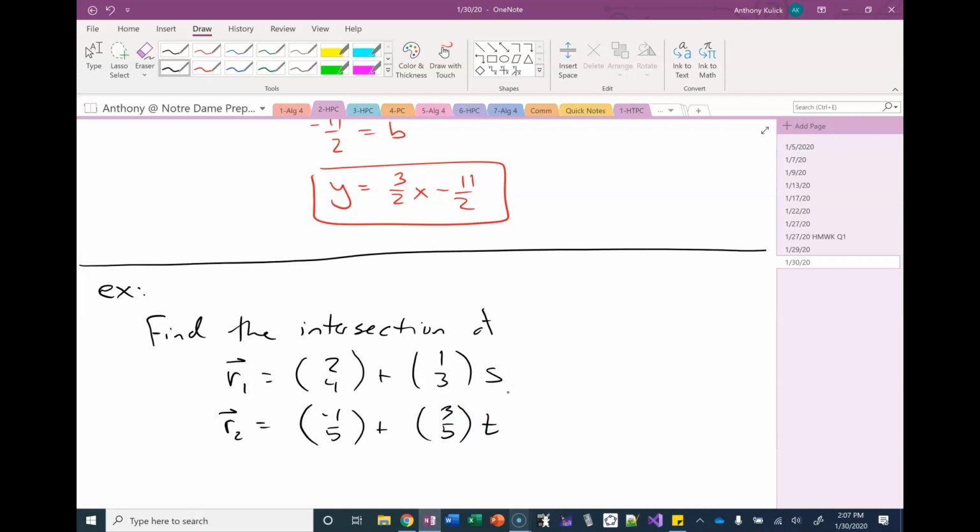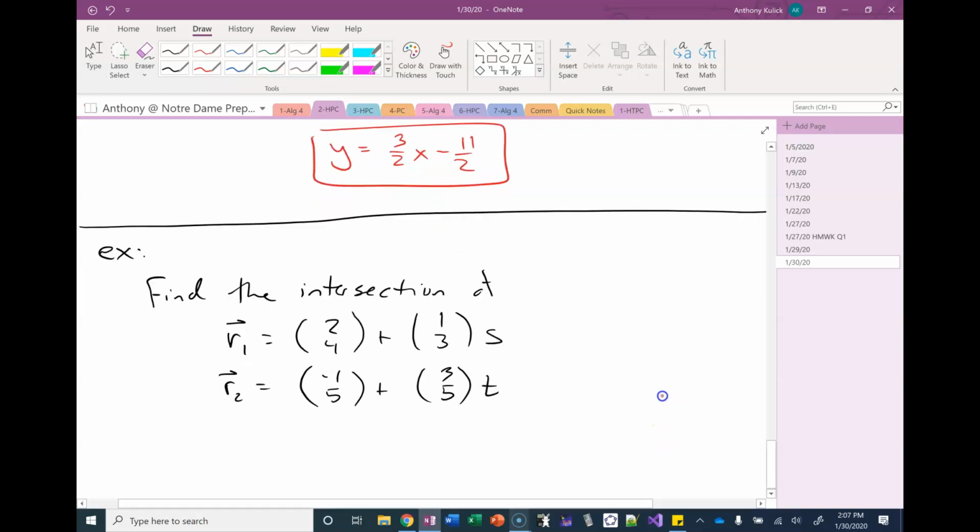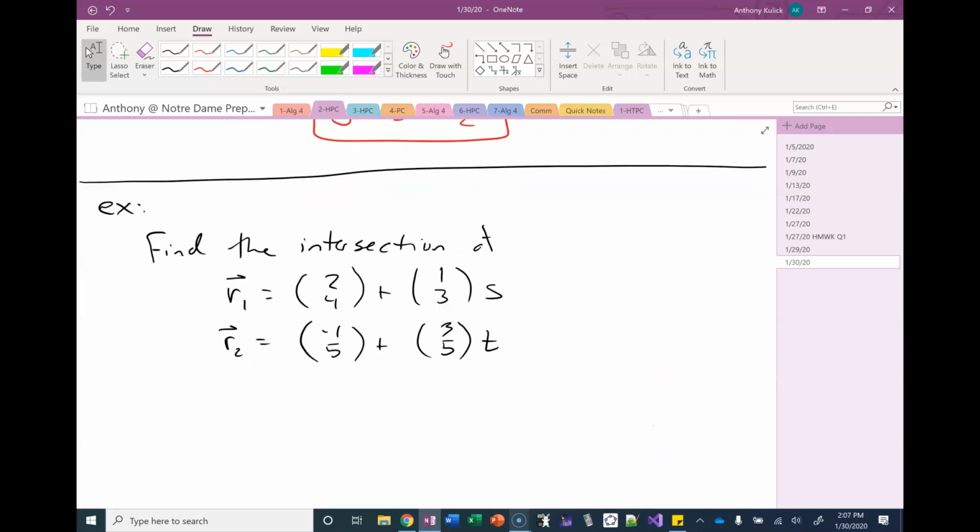The intersection of these two lines. So, how many different kinds of answers can I get to the intersection of two lines? There are 3 different kinds of answers.